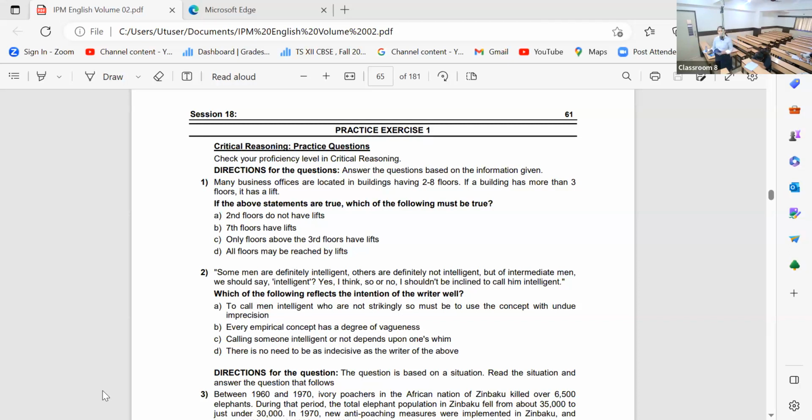Okay. B. Question number 2: some men are definitely intelligent, others are definitely not intelligent. But of intermediate men, we should say intelligent. I should be inclined to call him intelligent. Which of them reflects the intention of the writer well?